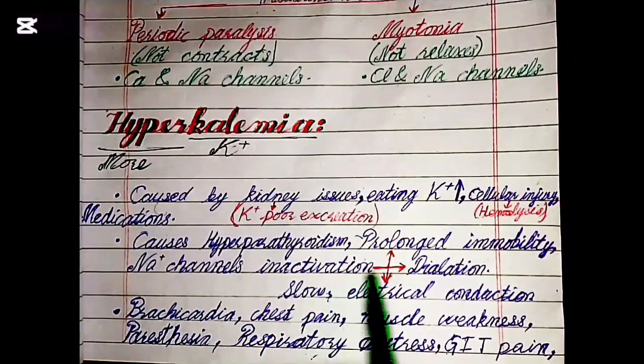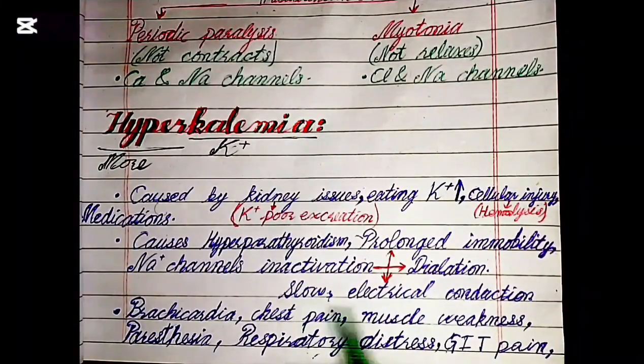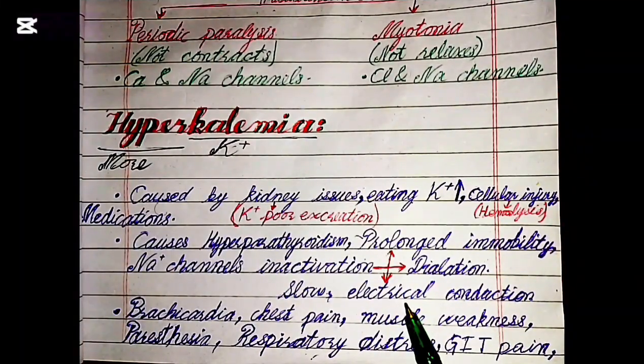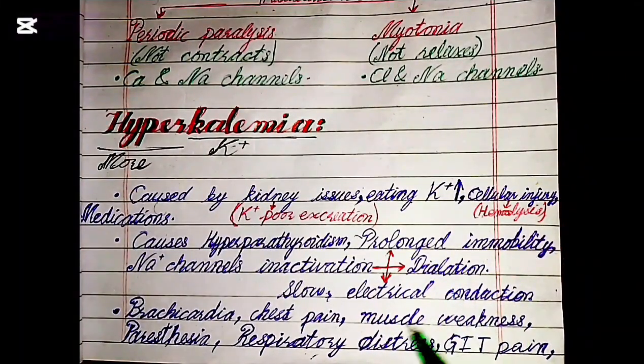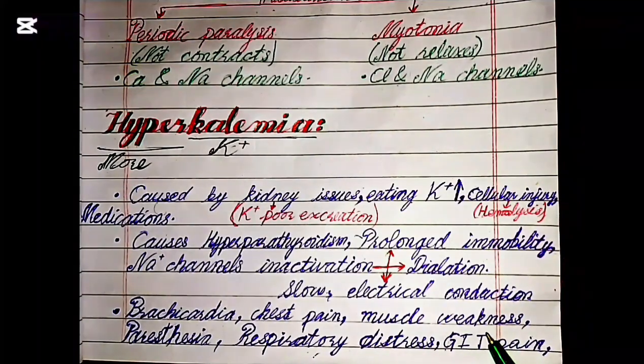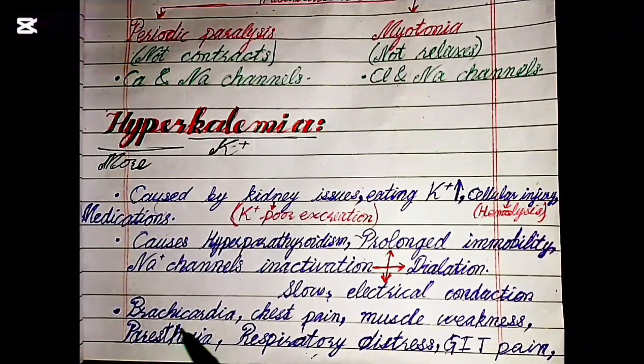And also due to this, muscles get weak, so muscle weakness occurs, and bradycardia and chest pain, means it also affects heart muscles. Heart muscles are also a type of muscles.